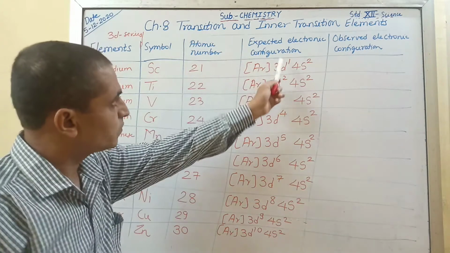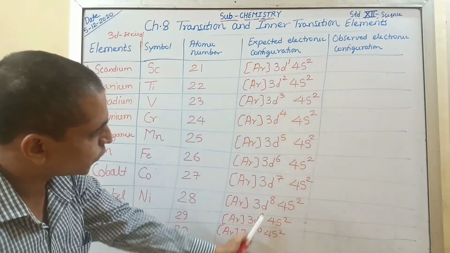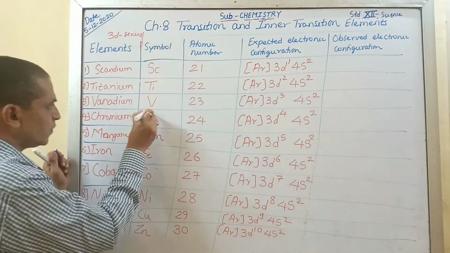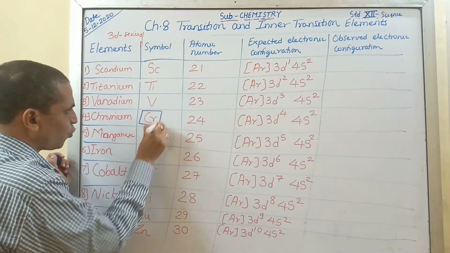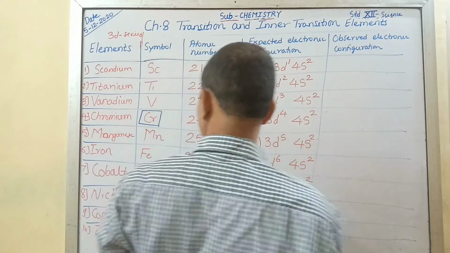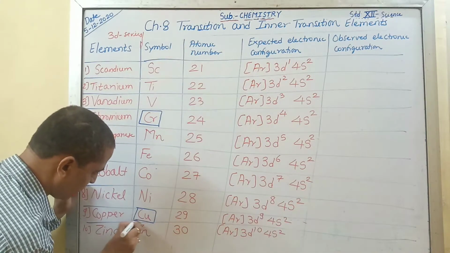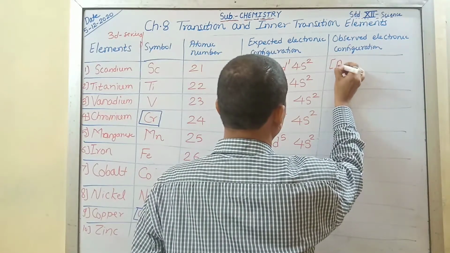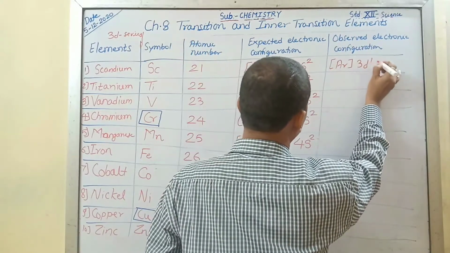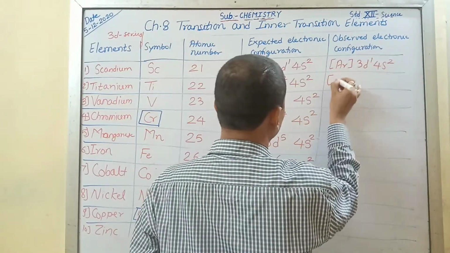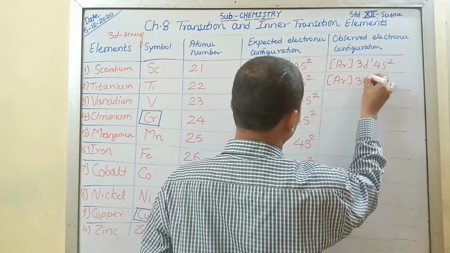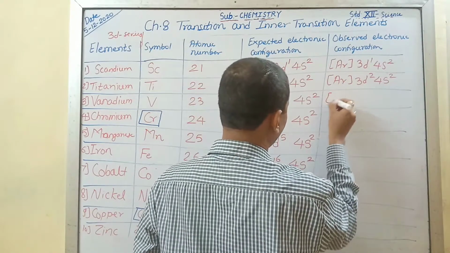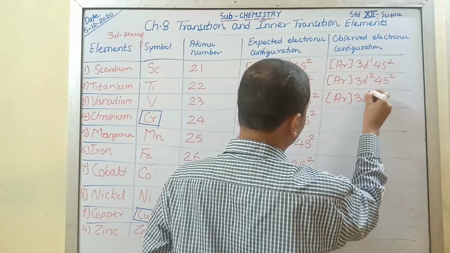Now see all these 3d orbitals. The last electron enters the 3d orbital from 1 to 10. Now see chromium. Already we have studied about this. And see copper. Here we have some difference because they show abnormal electronic configuration. For scandium, titanium and vanadium, there is no change: Ar 3d1 4s2, and 3d3 4s2.